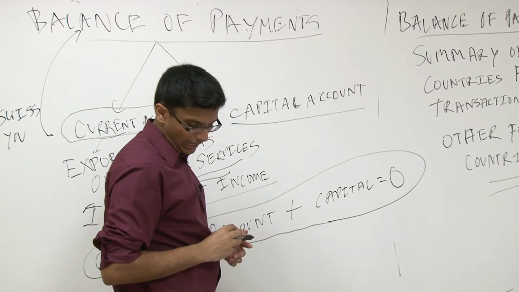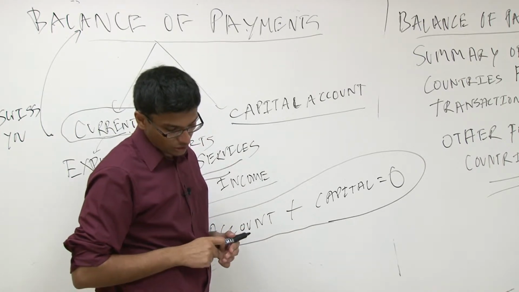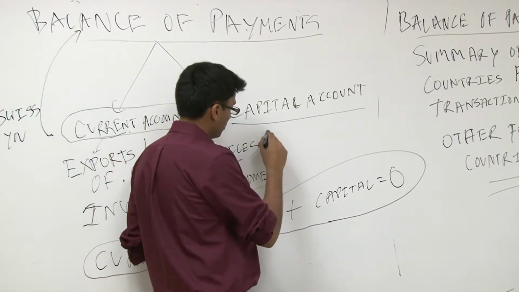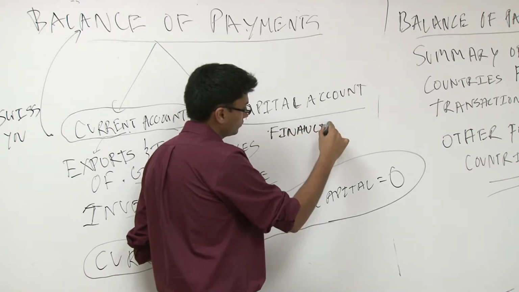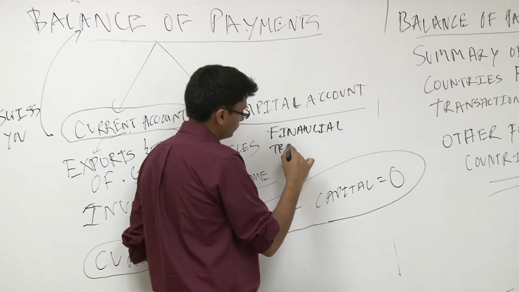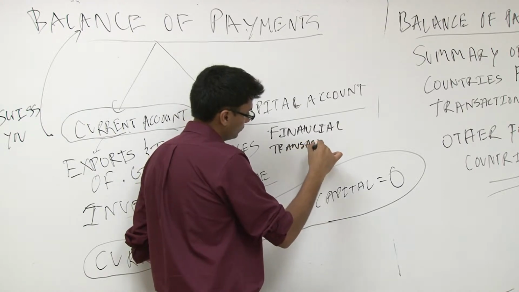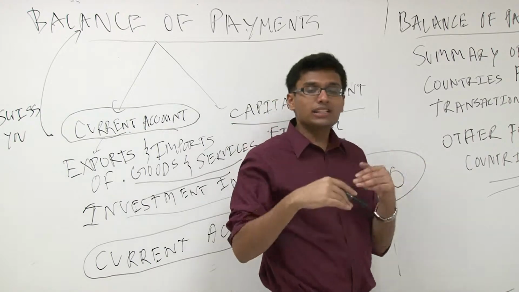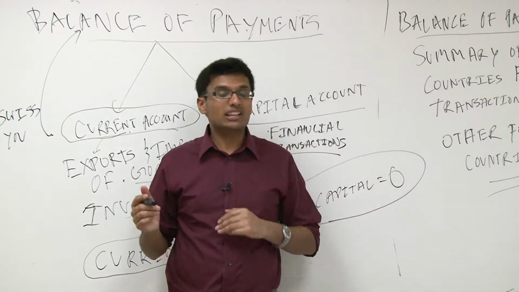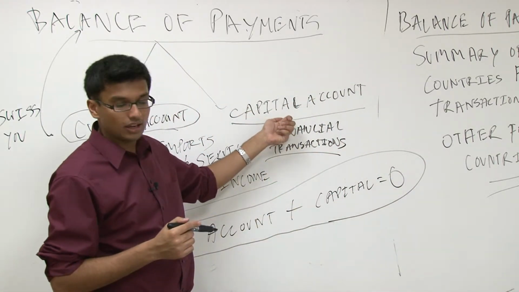The capital account accounts for any financial transactions going in and out. Right? So this money that went from your bank account to the Swiss account is actually under the capital account.